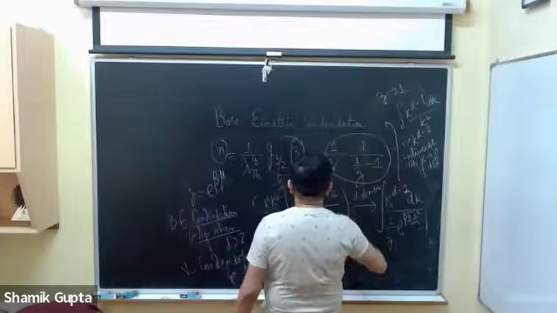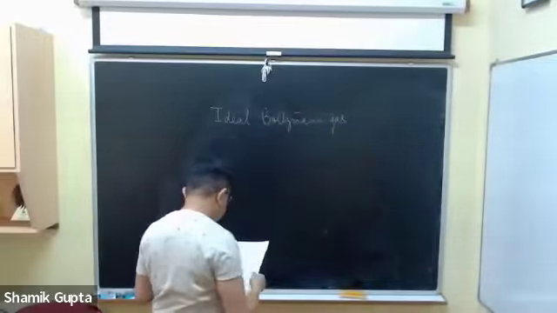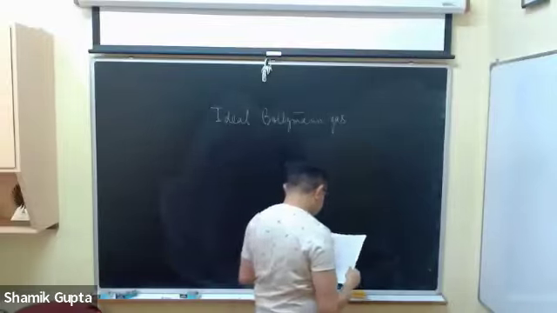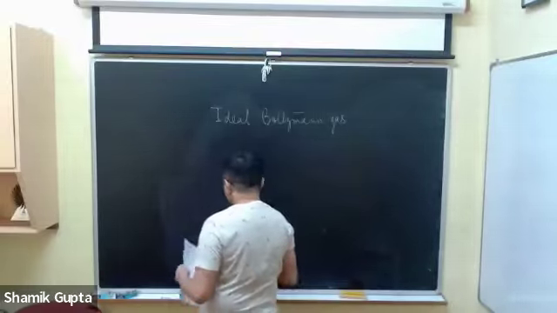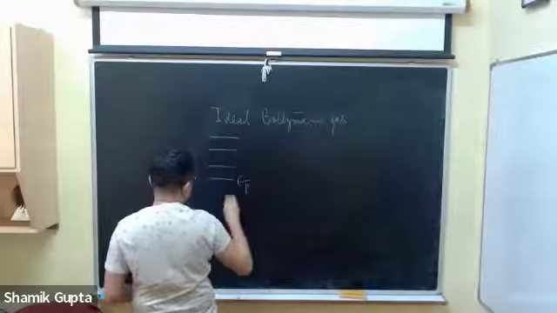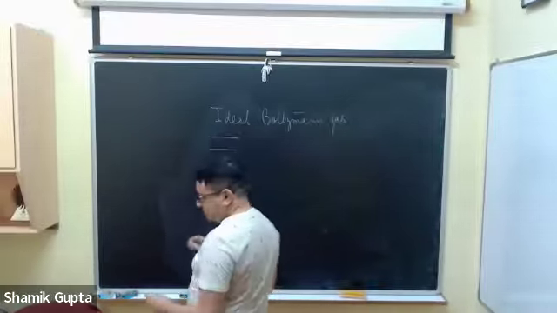First, let me describe the ideal Boltzmann gas and then we will see what it means. So in this case, of course, we have our energy levels, epsilon p. So the question that we are asking is the following.